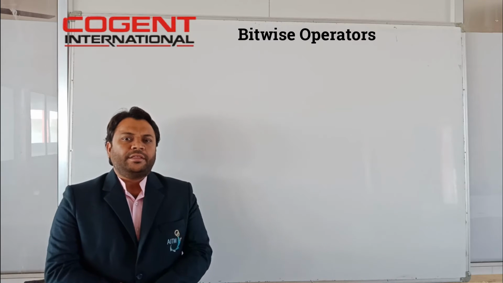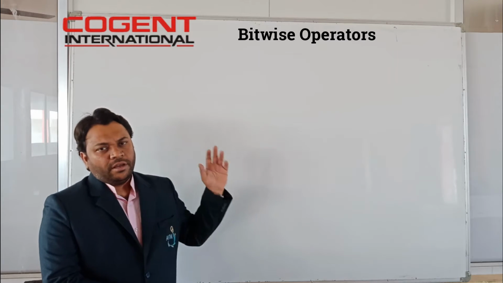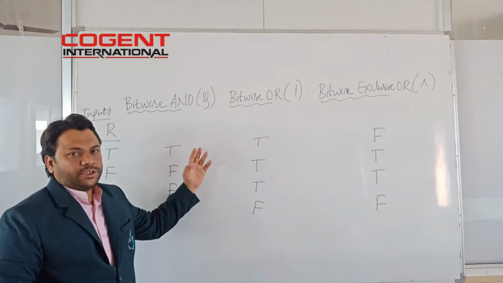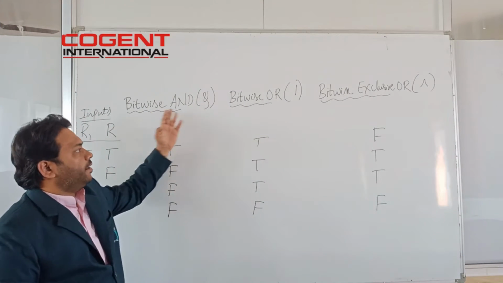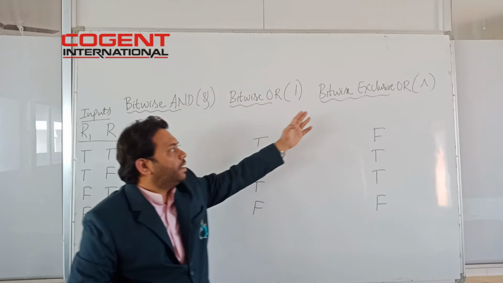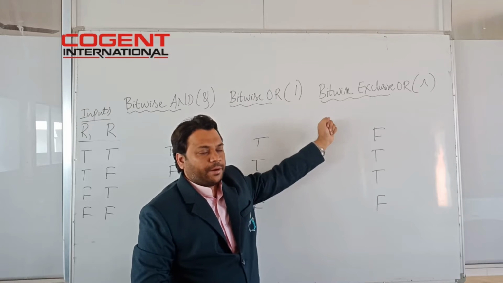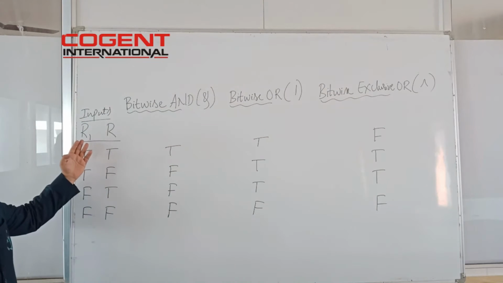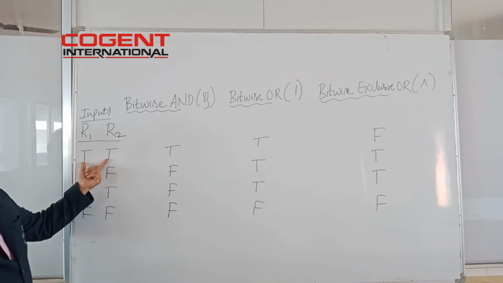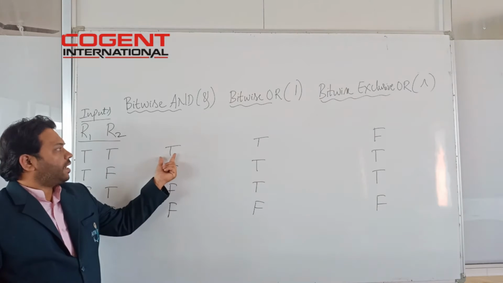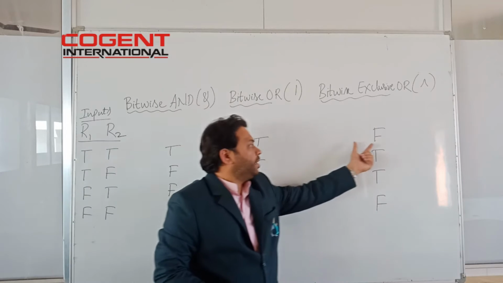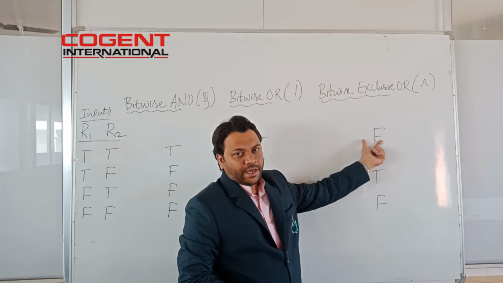Let us consider the table for these bitwise operators. This table shows the operation of bitwise AND, bitwise OR, which is also called bitwise inclusive OR, then bitwise exclusive OR. If I consider the inputs R1 and R2, and both are true, then bitwise AND will be true, bitwise OR will be true, and bitwise exclusive OR will be false.